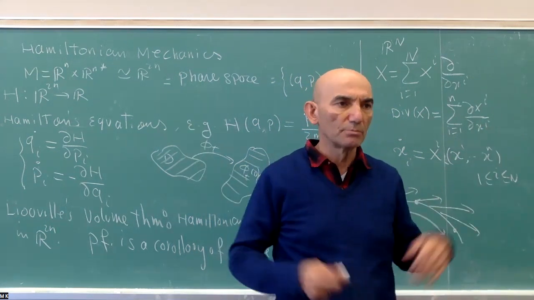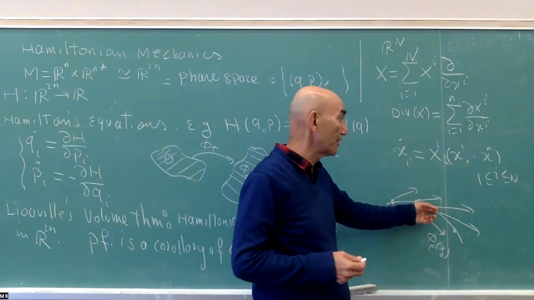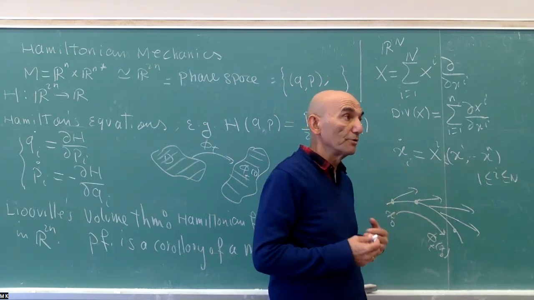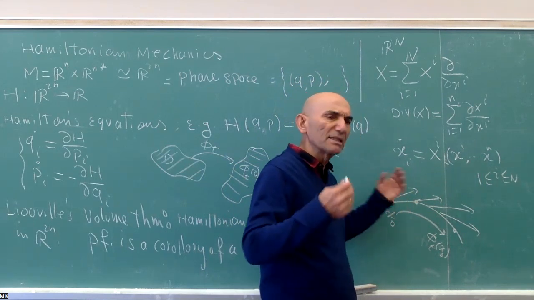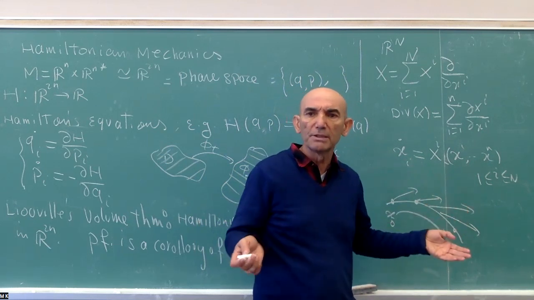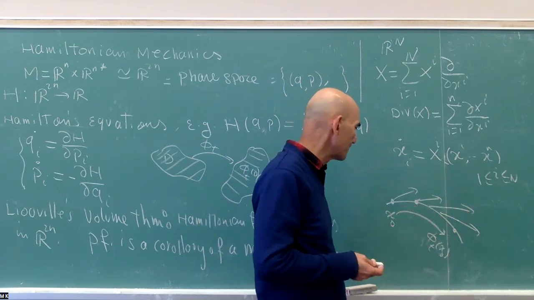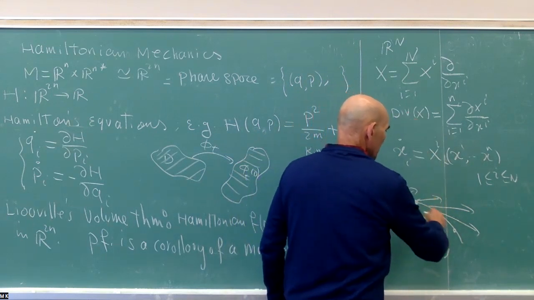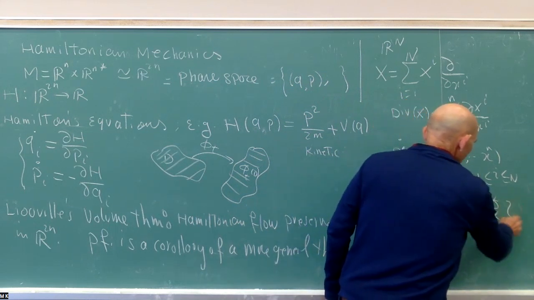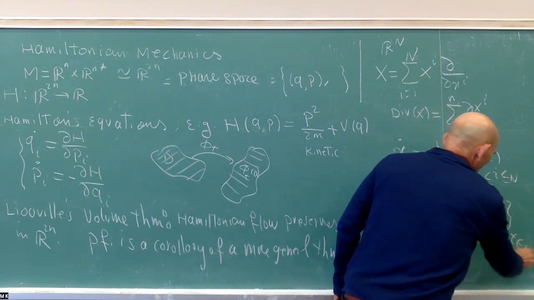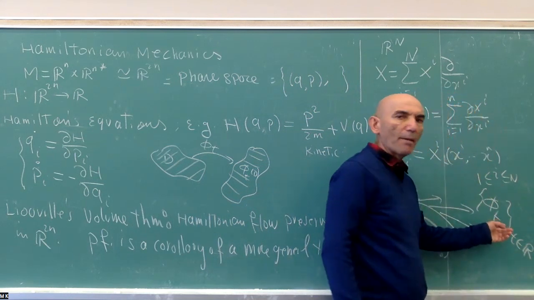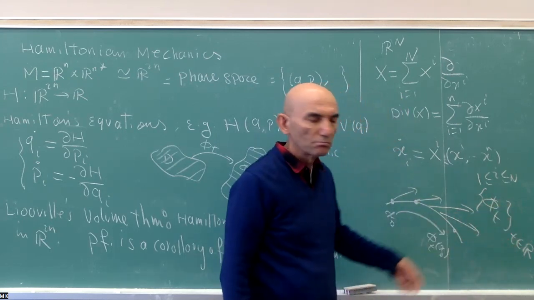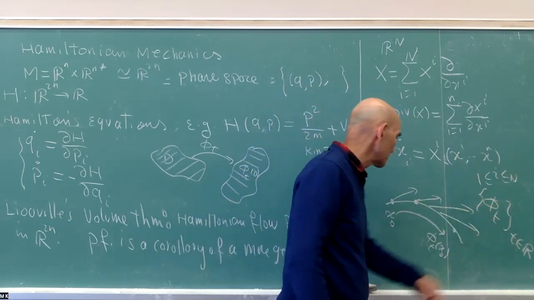Not a singularity of the vector field, but the solution of the differential equation cannot be continued to infinity or minus infinity. But let's assume that it can be, as for linear systems and some other systems. So from this vector field, you get phi t, t belonging to R. This is a one-parameter group of diffeomorphisms of the space.